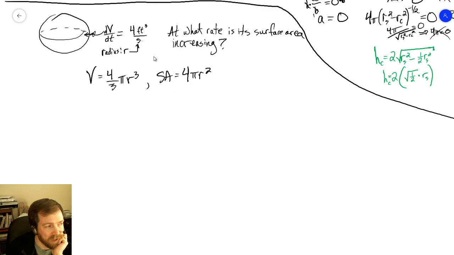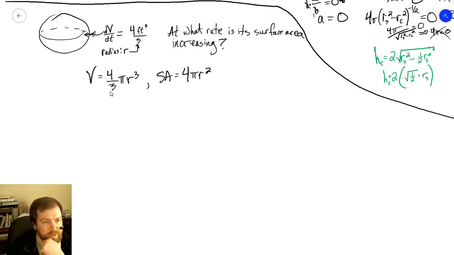These are formulae that I just kind of know. But interestingly enough, if you look at the volume for the sphere versus its surface area, you'll probably notice that surface area is the derivative of volume. So they're actually giving us what the surface area is at that particular time. It's not going to help, because we actually need the other rate in there to do anything with it. So we have dV/dt.